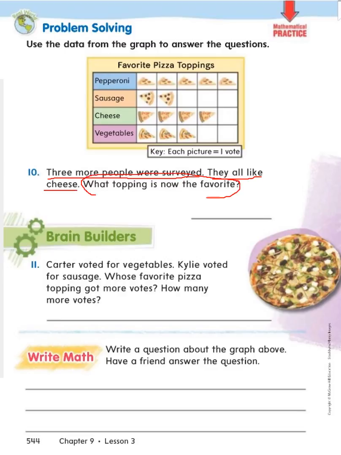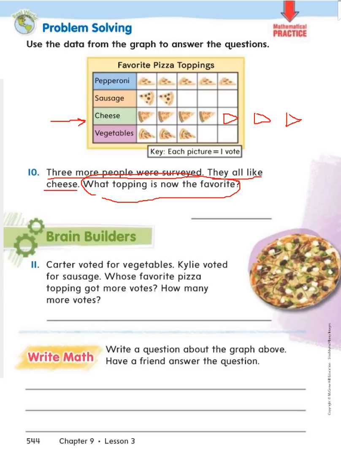What topping is now the favorite? Well, here's cheese here, and we have to add 3 more. It's going to take us off the chart. What topping is now the favorite? And let's add another question to it. How many people like the favorite topping?